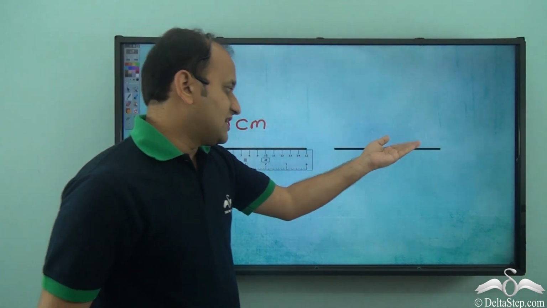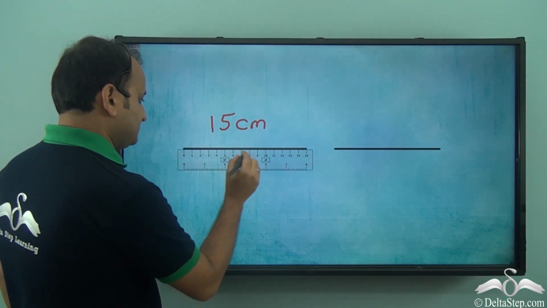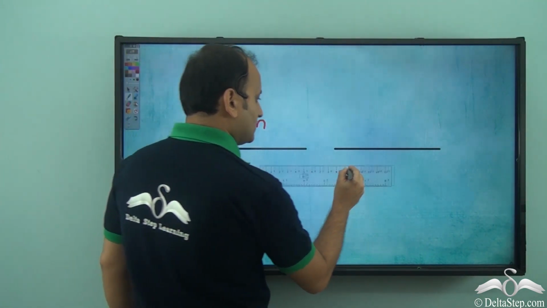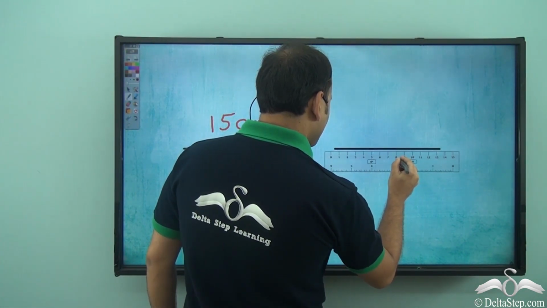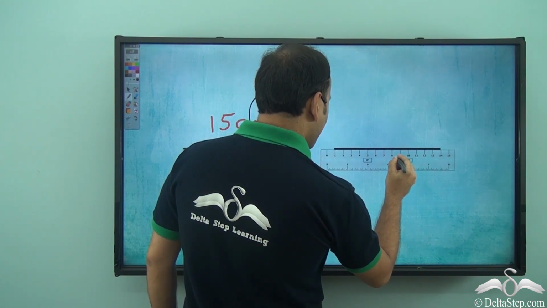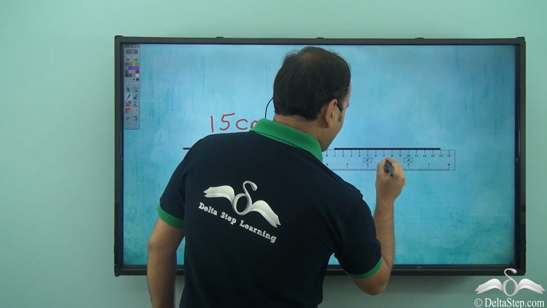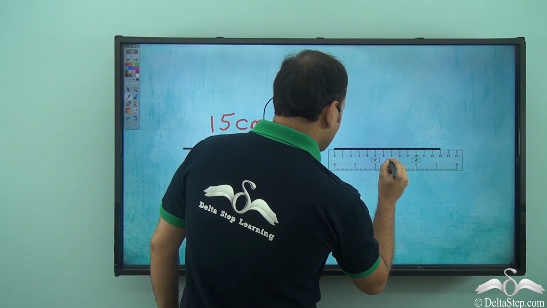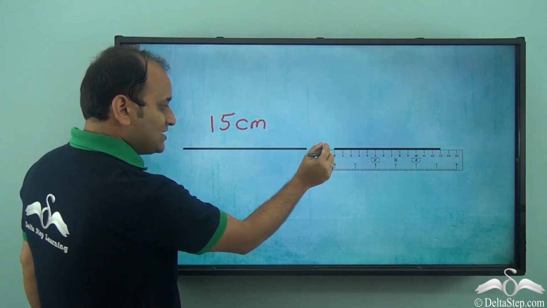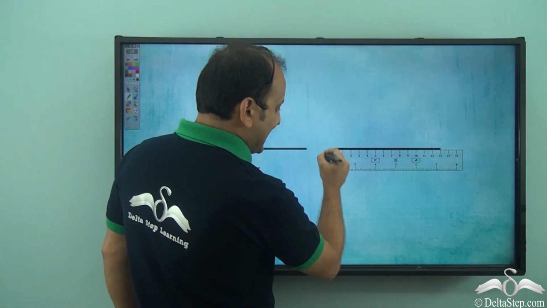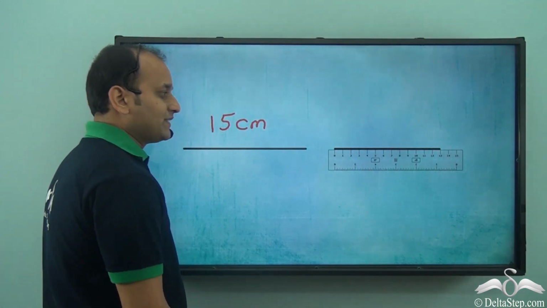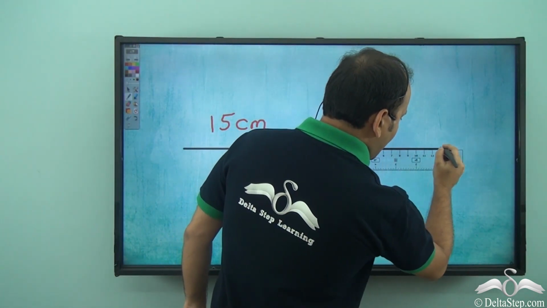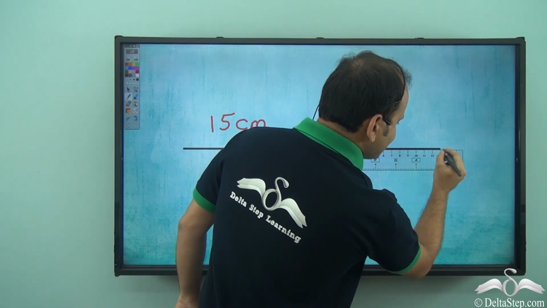Now let's come to this particular line segment. So what do I do? Do I match with 1? No. We always match with 0. So one end of the line segment matches exactly with 0 division. And then we move to the other end. And where does it end?